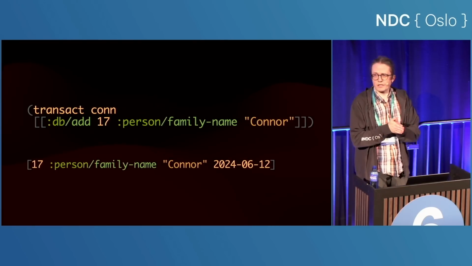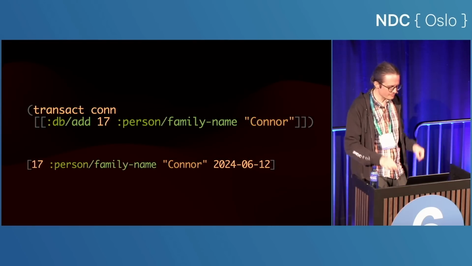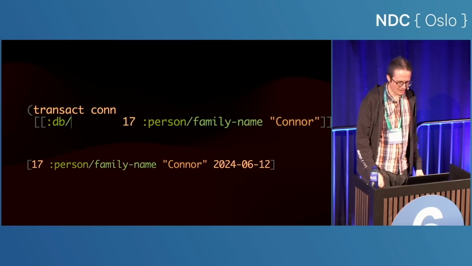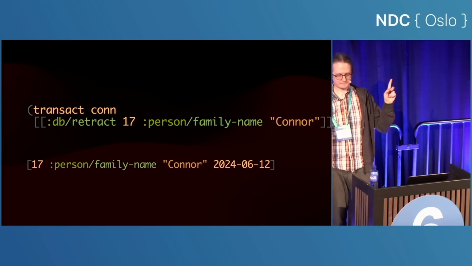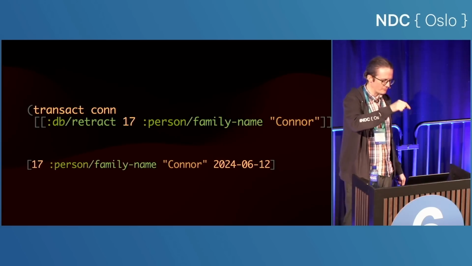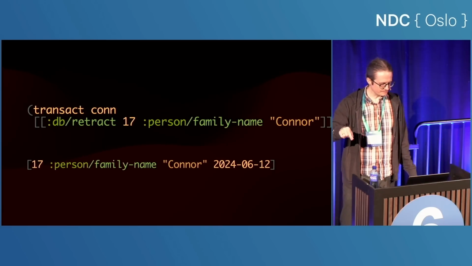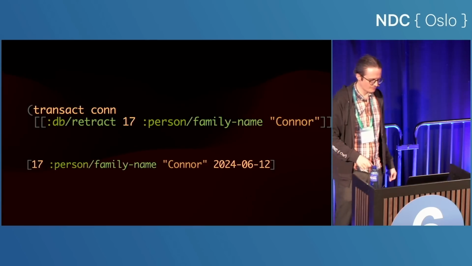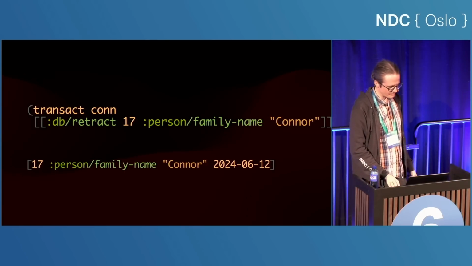And now for your question. Yes, we can remove a piece of information as well. We can retract it. We can say, this piece of information is no longer valid. This is no longer the case. But look at what happens to the database.